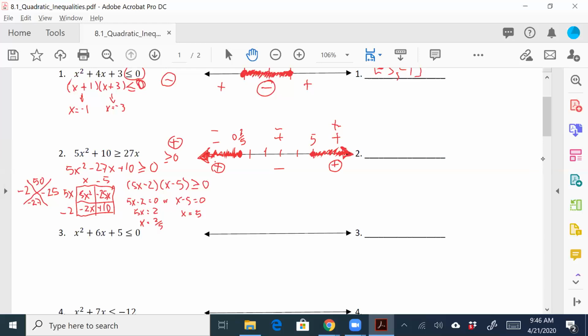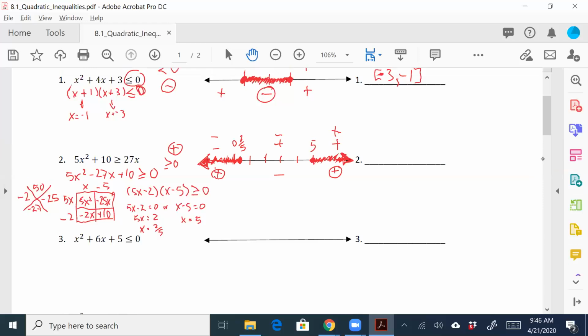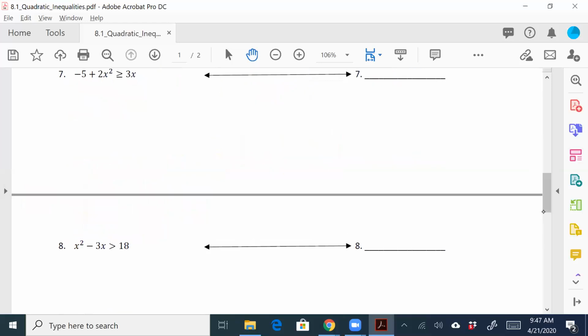And so in our interval notation, this time there is no leftmost number, so it would go clear to negative infinity. We can't approach negative infinity, so we use a parenthesis rather than a bracket. But on the right-hand side, we put 2/5, and we use a bracket there because it can be equal to 2/5.